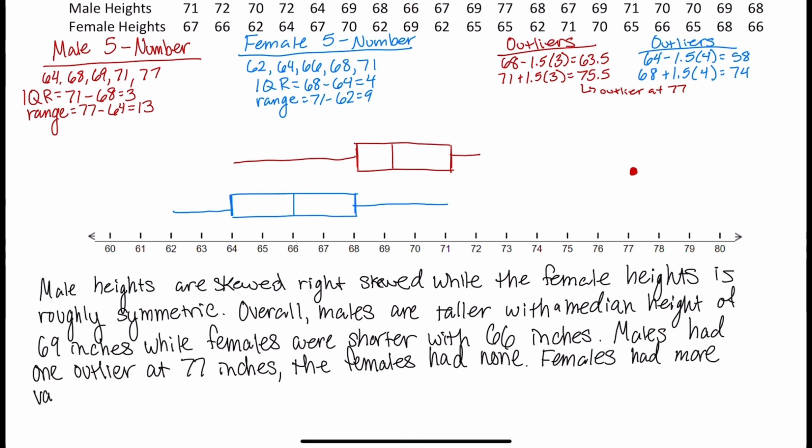Remember, that's the term we use to talk about spread. Females had more variability in the middle 50%. That's talking about the IQR, while males have less.